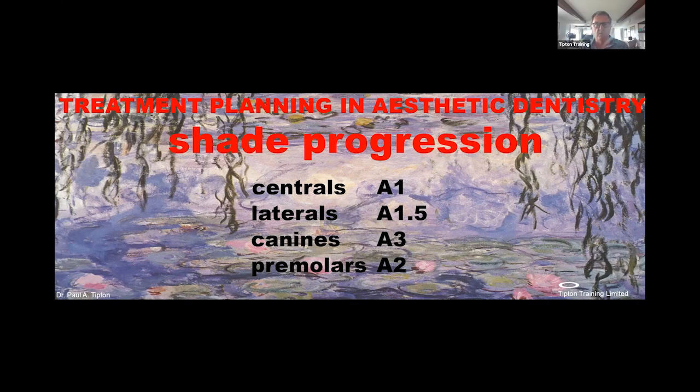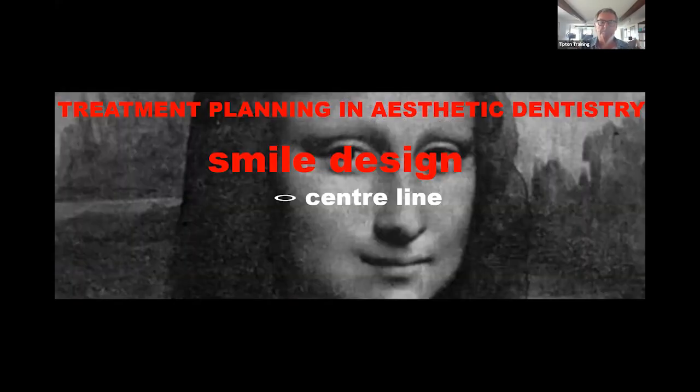So of course we can do subtle changes. We can make the centrals and the laterals A1. We can make the canines A2, just a little bit darker. We can make the premolars A1.5. We could do A1 for them all, but have the gingival half of the canine shade A2 or A3. So we can work around it, but it's one way of giving a better smile.